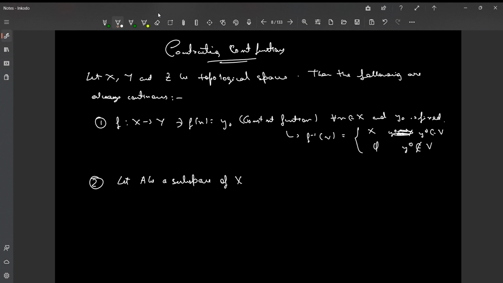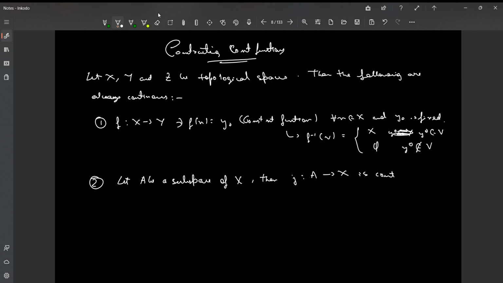Number two, let A be a subspace of X. Then we consider a mapping which is called the inclusion mapping, which is kind of including the elements of A into X. So let A be a subspace of X, then consider the map J from A to X, which is continuous.